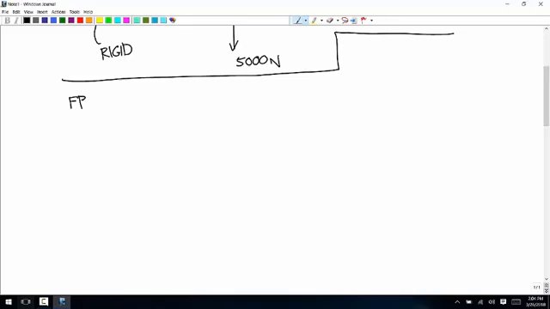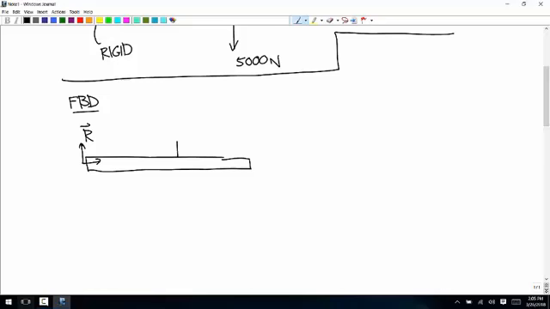So free body diagram, and we're going to isolate the beam. There's an unknown force here, call that R, and then there's a tension here, T1, and a tension here, T2. And I didn't give a weight, so I guess we're ignoring that.